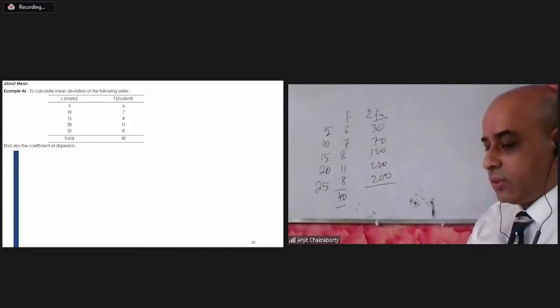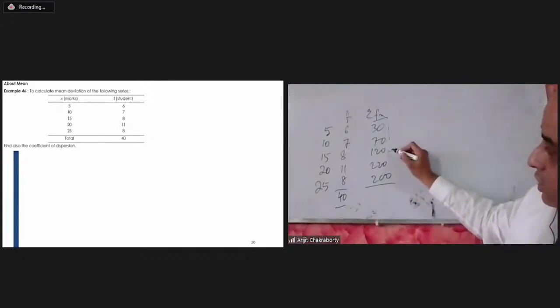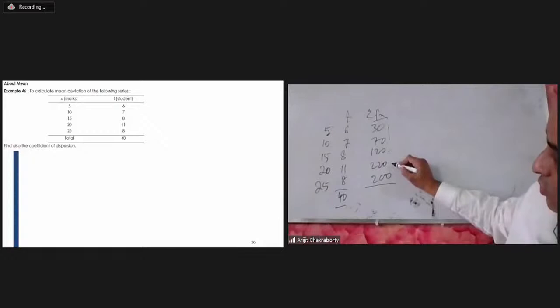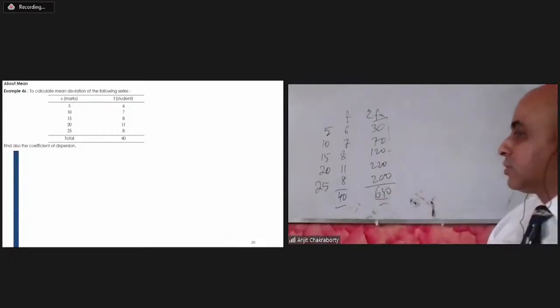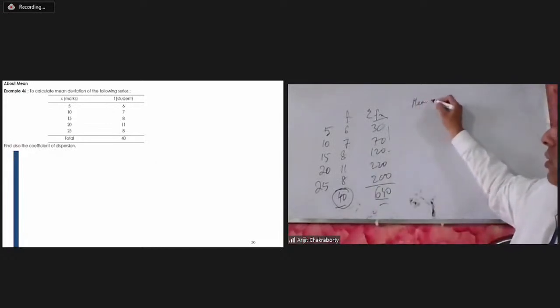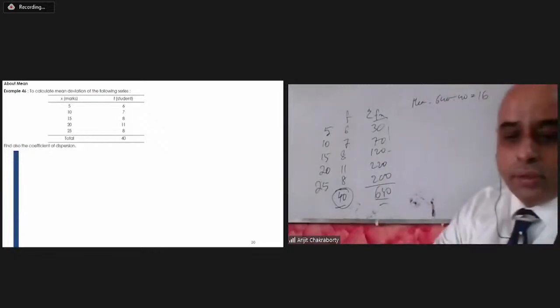So 30 plus 70 is 100, 100 and 120 is 220, 220 and 220 is 440, 440 and 200 is 640. The total is 640, and the total number of frequency is 40. So the mean should be 640 divided by 40. That is 16. Mean should be 16.